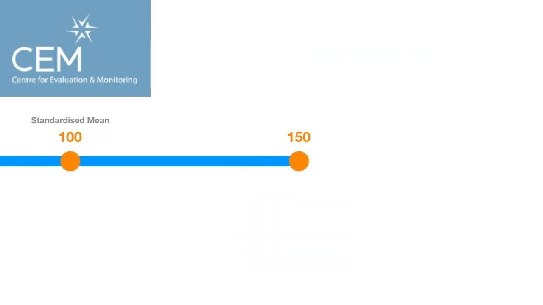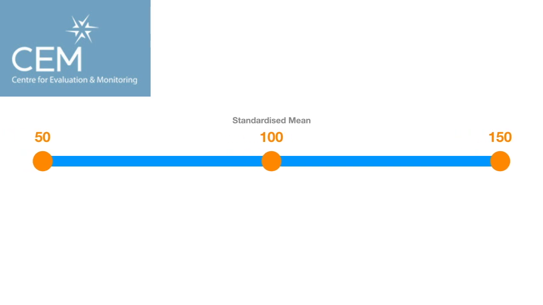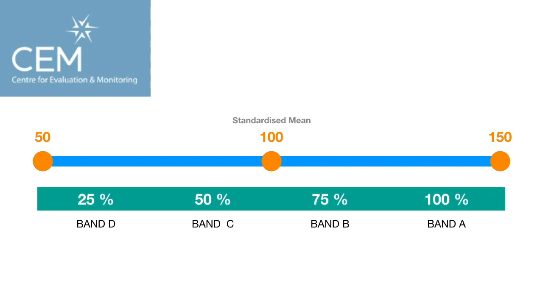Okay. Each of those batteries is given a score, and the score at the lowest end is 50. The score at the highest end is 150. So these scores are standardized around the world, with 100 being bang in the middle. What we can do then is separate them into quartiles, stanines, and percentiles, but let's just stick to quartiles for now.